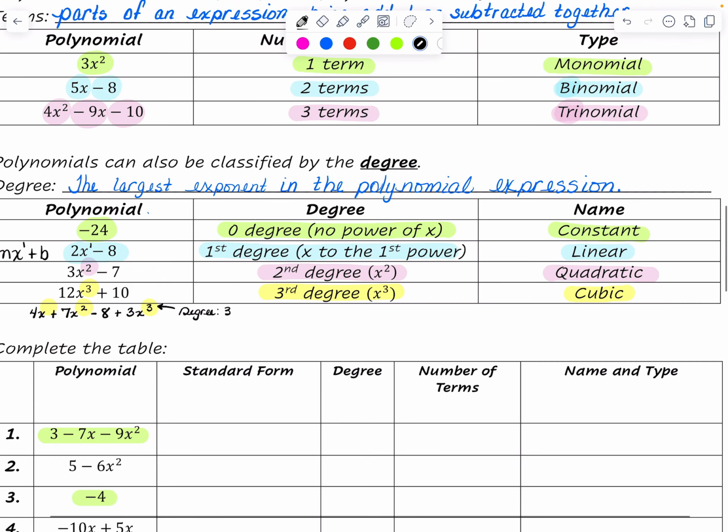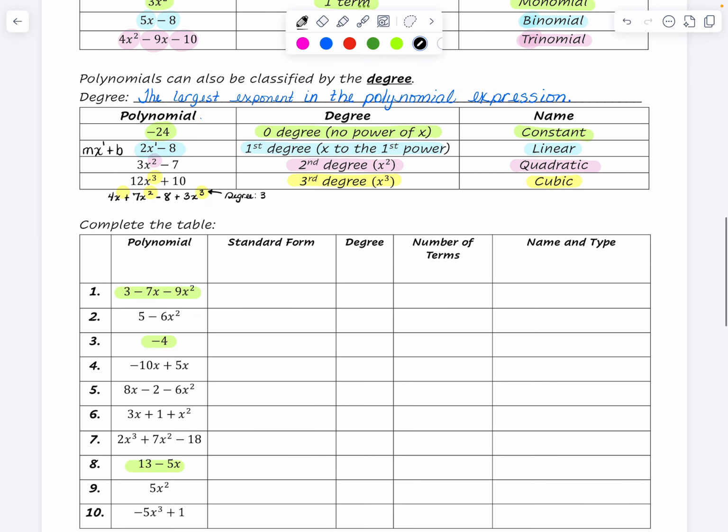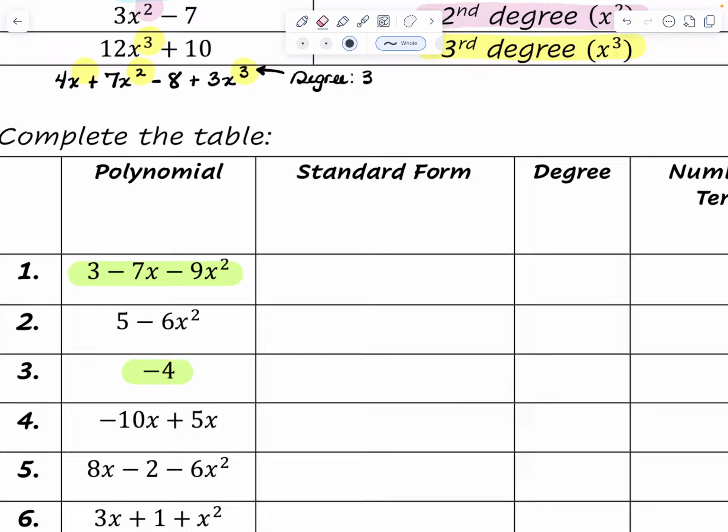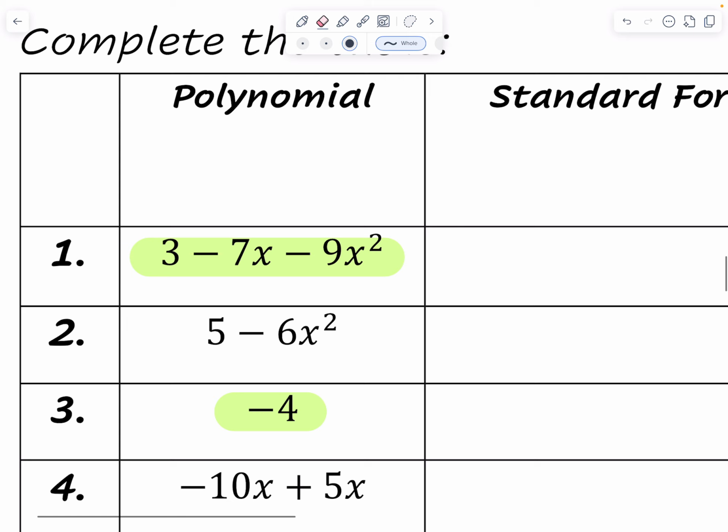All right, so let's go down here. I've got a couple examples. I'm going to do 3 of them, and I'm going to leave the rest of them for you. So the first one, I want to write this in standard form. Standard form, again, if you look back at your definitions, is listed with the term that has the highest exponent first. So I've got 3 terms. I have negative 9x squared, which has x to the second power.